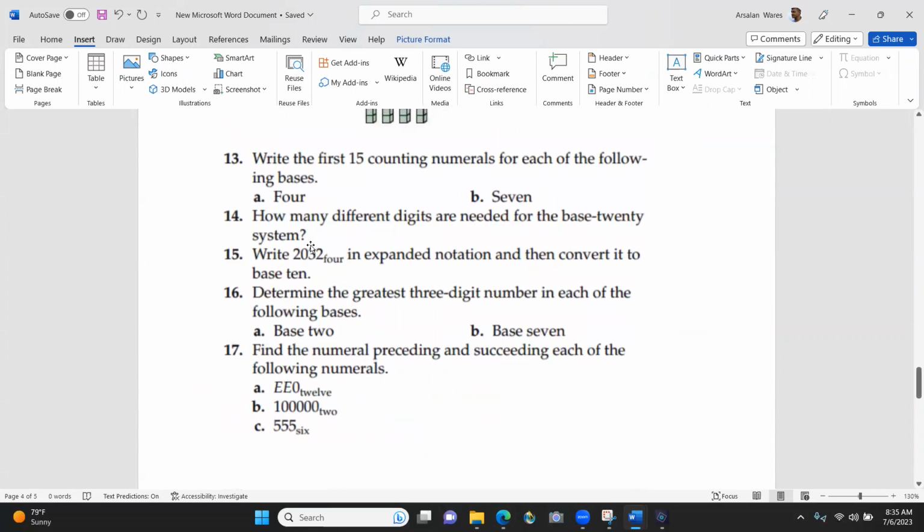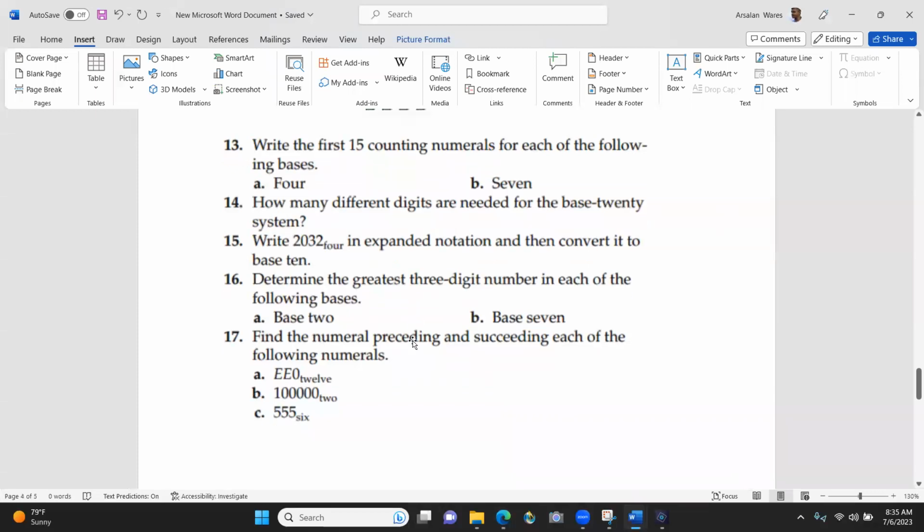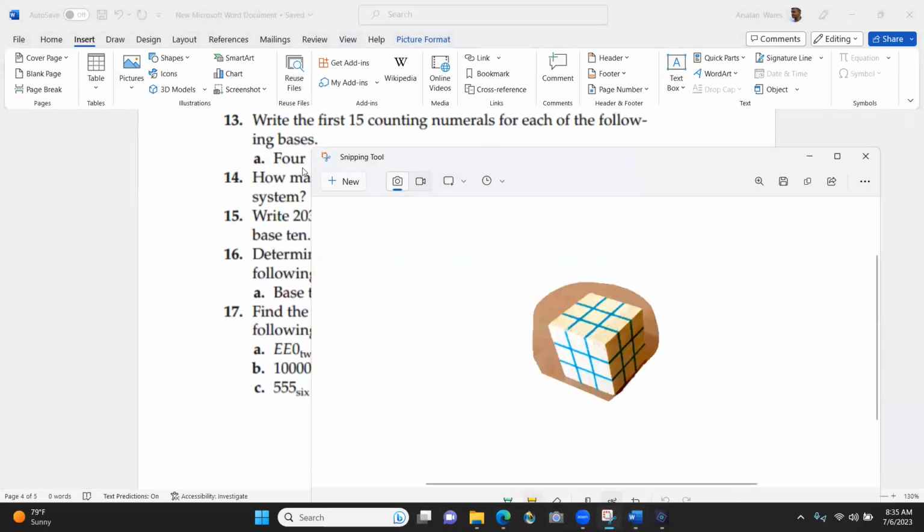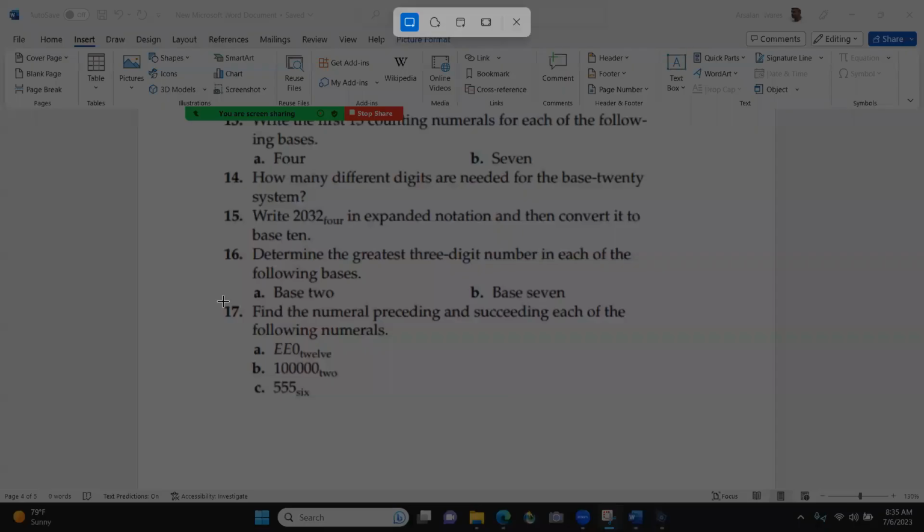And again, if you need help with something, you ask. Okay, this is tricky. So I'm going to do number 17. I'm going to do a couple of parts. I may not do all the parts.